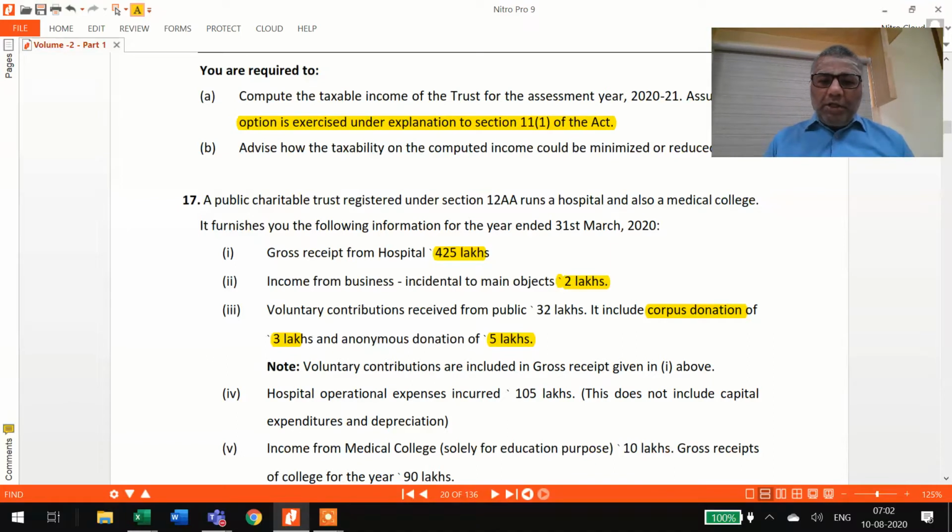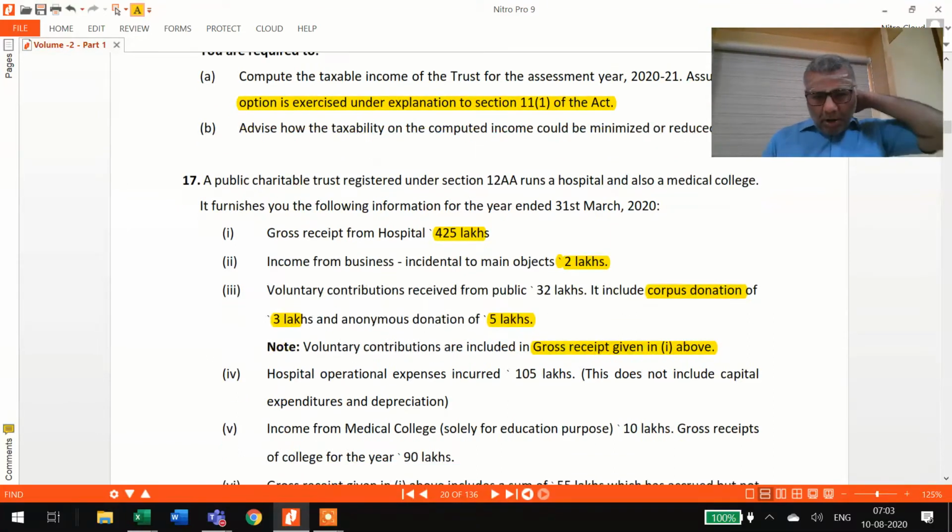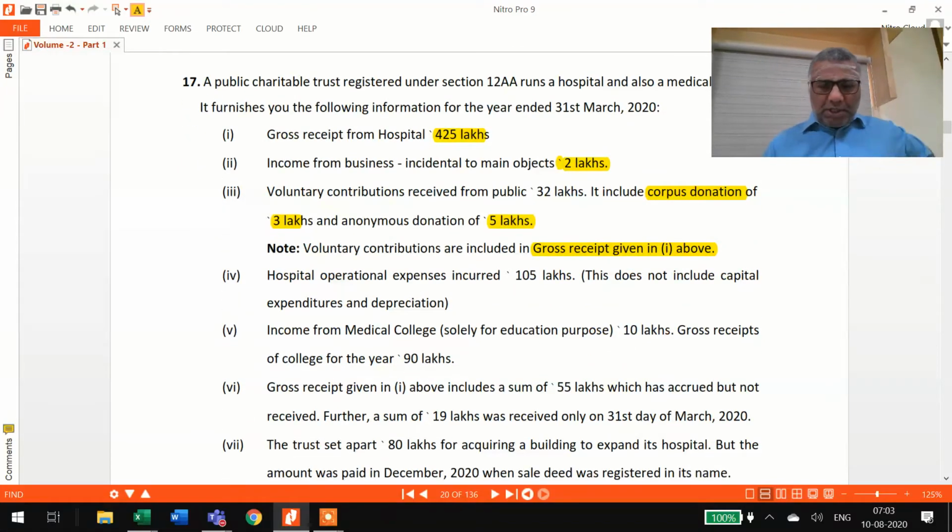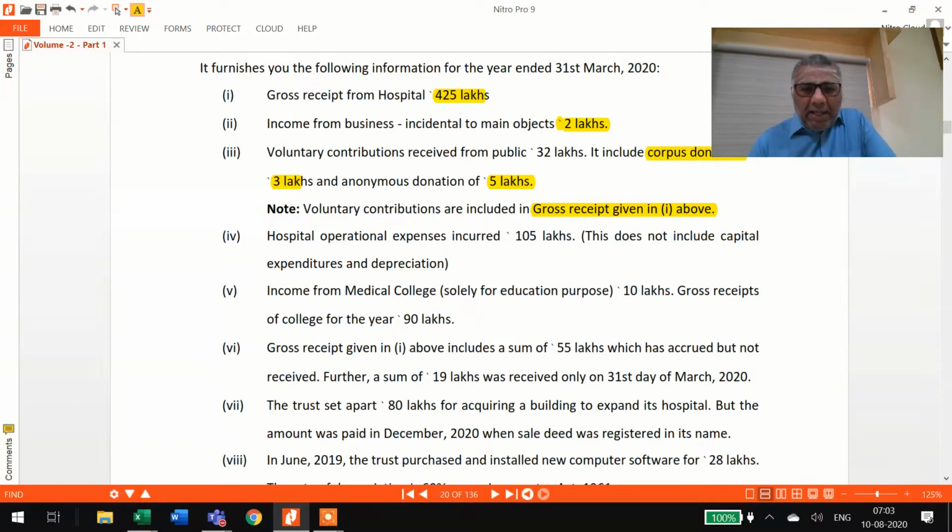The voluntary contributions are included in the gross receipts above. Hospital operational expenses 105, which is not inclusive of capital expenditure and depreciation. Income from medical college solely for educational purposes 10 lakhs, whose gross receipts is only rupees 90 lakhs. This 10 lakhs is fully exempt.